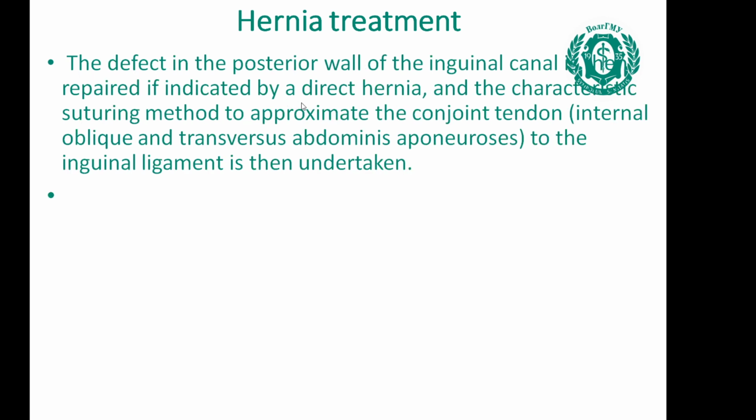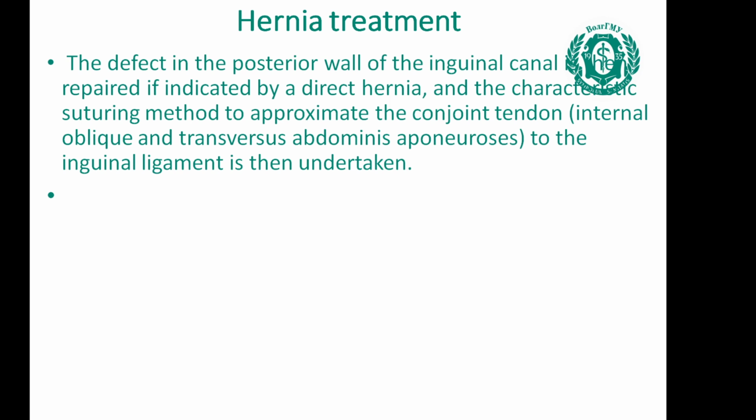The defect in the posterior wall of the inguinal canal is then repaired if indicated by a direct hernia, and the characteristic suturing method to approximate the conjoint tendon, internal oblique and transverse abdominis aponeurosis, to the inguinal ligament is then undertaken.